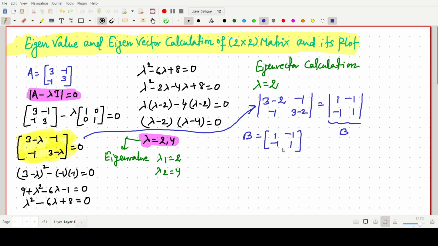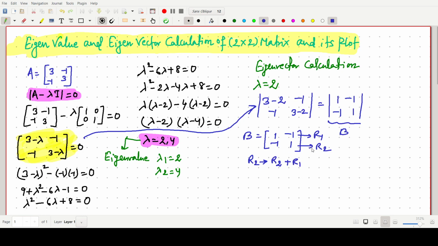Now there are two rows, so in that case we have to go for a row reduction process. So say this one is our row R1 and this row is R2. Now if we want to remove one of the rows with the zero element, what we can do is rewrite R2 as R2 plus R1.